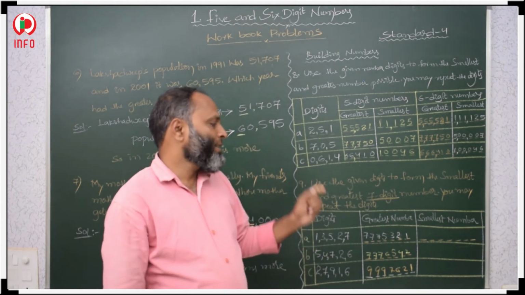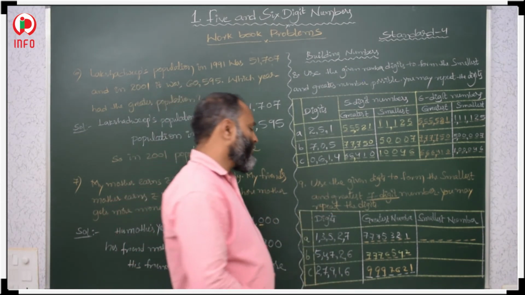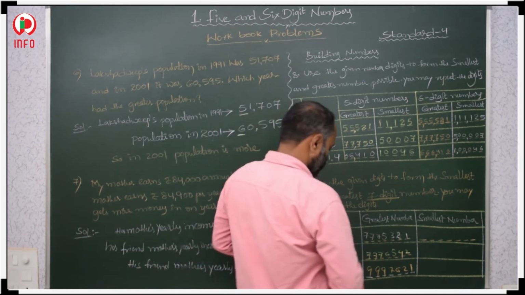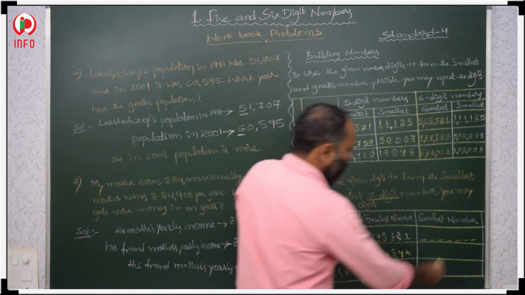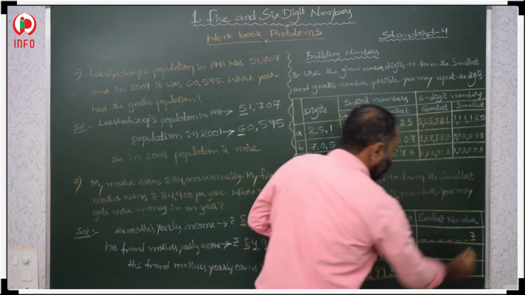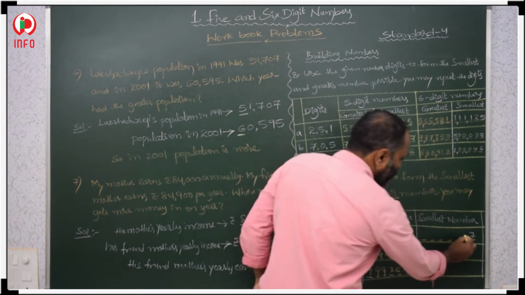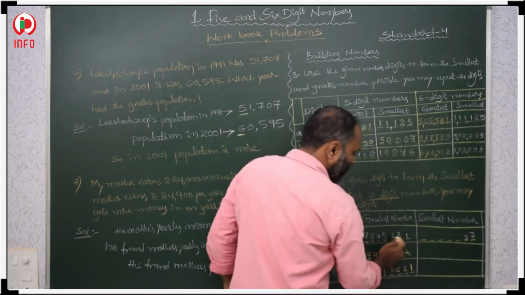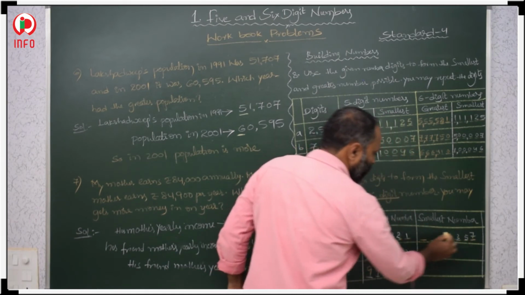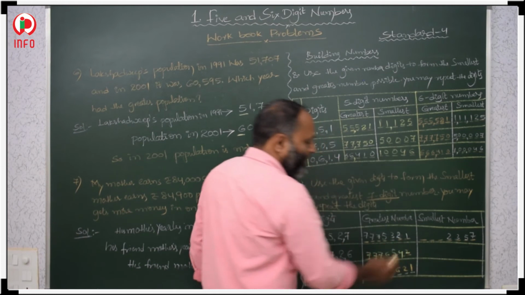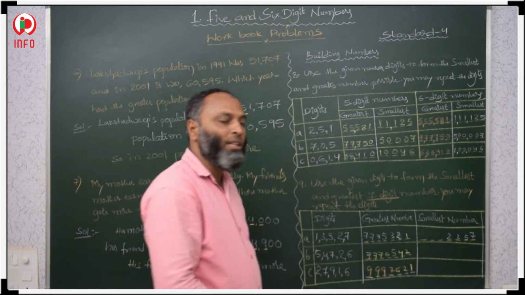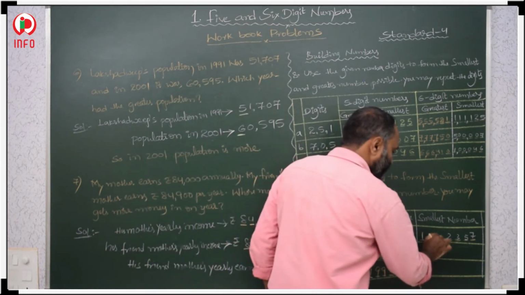In the same way, for the smallest number we start from the bigger number. What is the bigger number here? 7. First you take 7, then 5 from here, a little bit smaller, then 3, then 2, then 1 is left. In the remaining places you keep the smaller digit, 1, 1, 1.